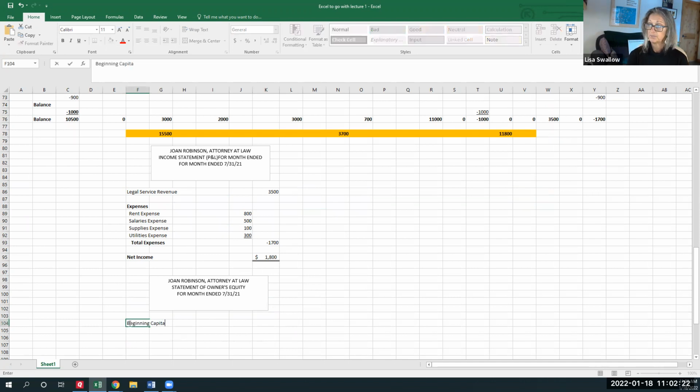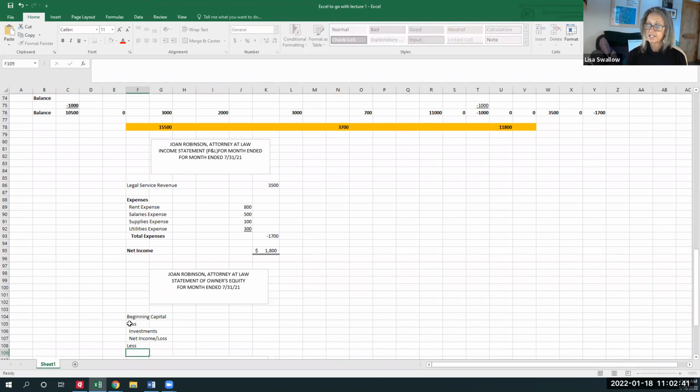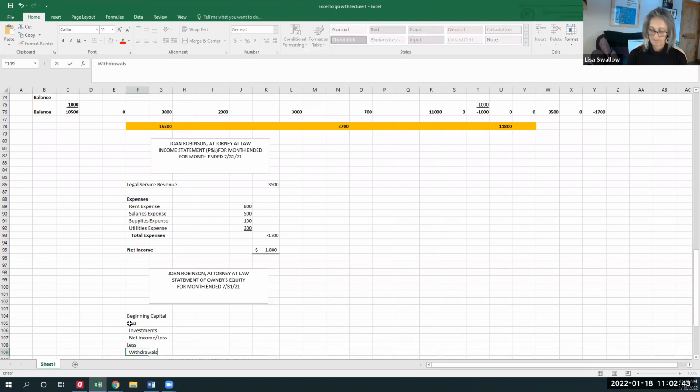Okay, let's all say the model together. Beginning capital, plus, there's two things that we can add, investments and net income or loss. If it's a loss, it's a negative number. And then less our withdrawals.